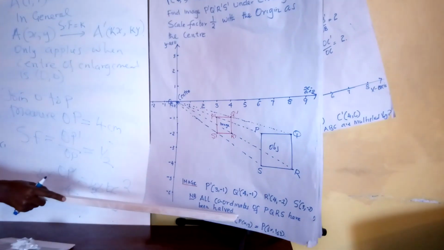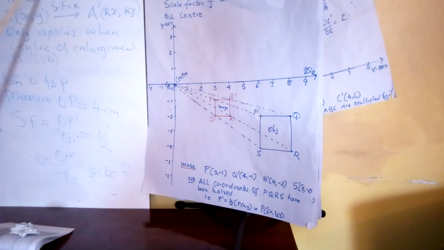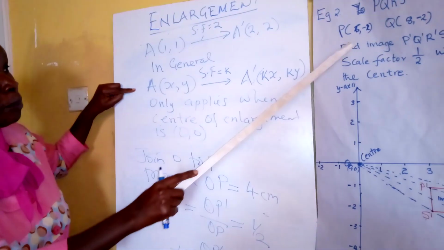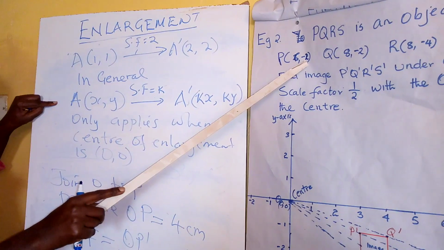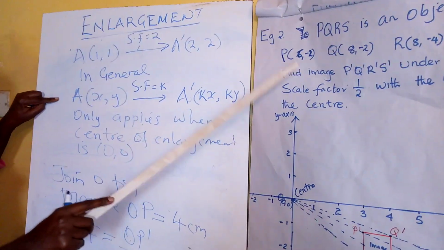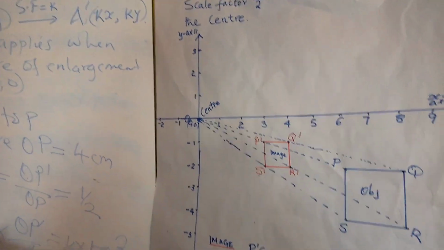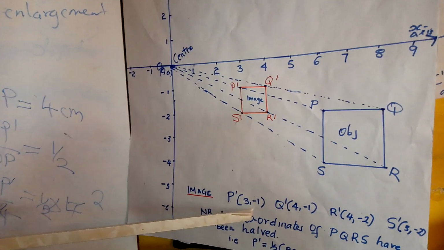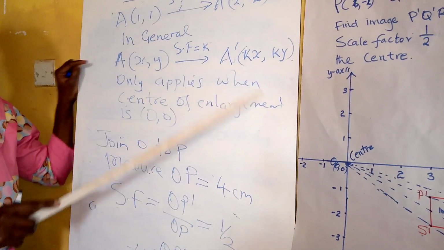And you also realize that the same formula that we had here is applying in our case here. So for example, our P was (6, -2). Our scale factor is a half. If we multiply 6 by a half, we get 3. If we multiply -2 by a half, we get -1. So our formula here applies.